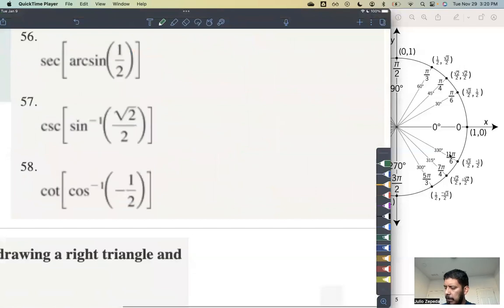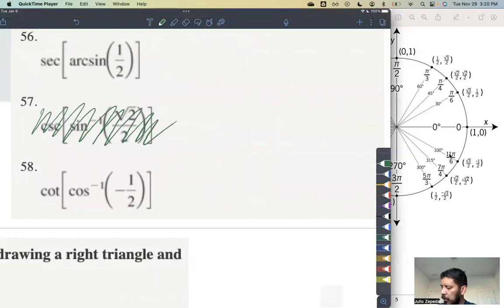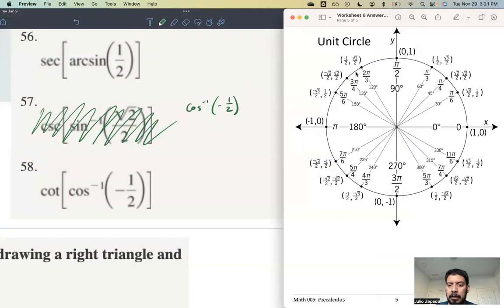58. And so I probably won't do this one here, I'll just blot it out. So what is the cosine inverse of negative 1/2? Again, this is an angle between 0 and pi. So somewhere in here where the cosine is negative 1/2. So we're looking at the x value being negative 1/2.